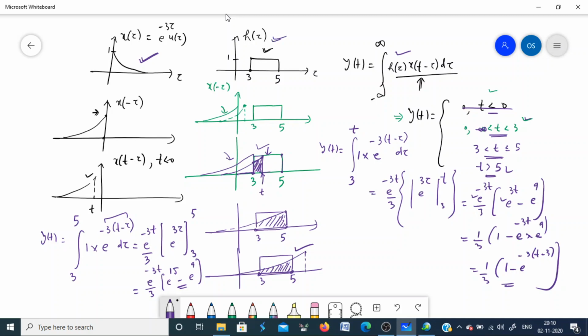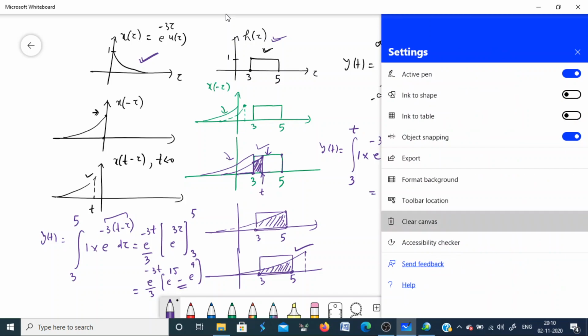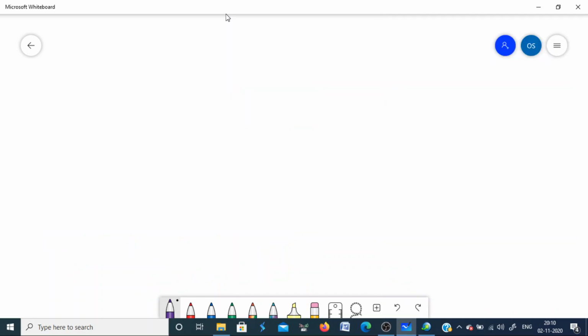Now we will take the second situation. So I have two functions, x of tau and the second was h of tau. Now suppose we fold this function and shift it.